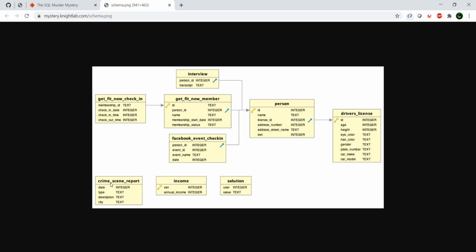If we check the crime scene report, we have a date field, which we already know, more or less. The type, I'm guessing, is our crime, and we have the city. So I would say this is a pretty good place to start our investigation, with the crime scene report.